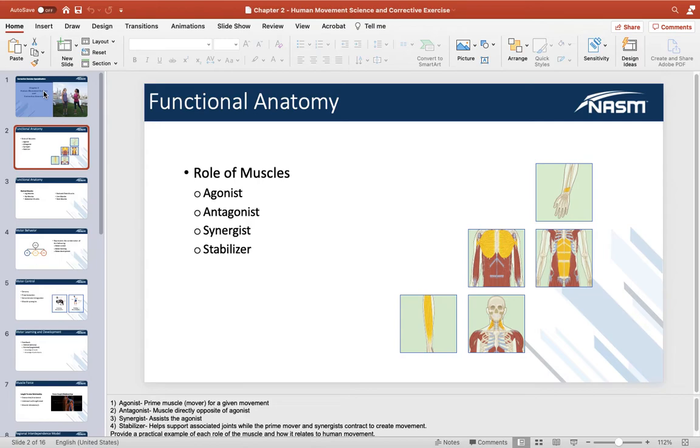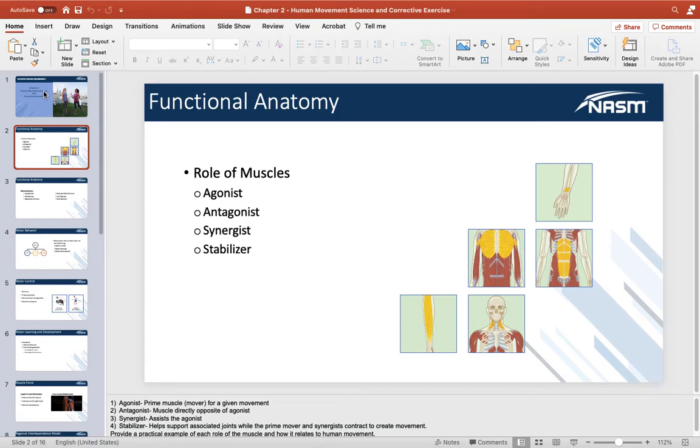Synergists are those that assist your agonists. So, in terms of that squatting motion, what are the muscle groups that are working there? Your hip flexors, something as simple as your sartorius, would be a synergist to that.